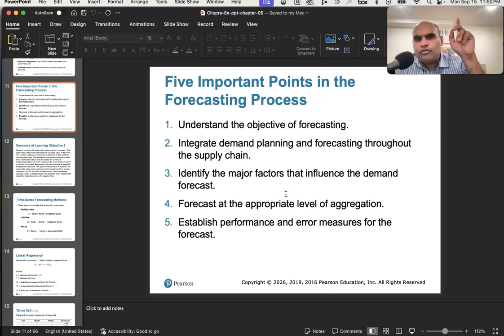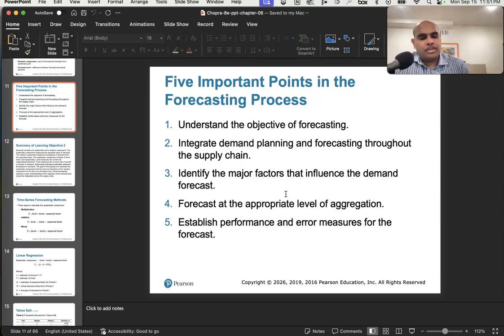Now, are they going to forecast the number of units of iPhone 17 Pro Max with 1 terabyte hard drive, or are they going to forecast demand for all of iPhone? Now, it can clearly be shown that the more you aggregate data together, the smaller the random component is going to be.